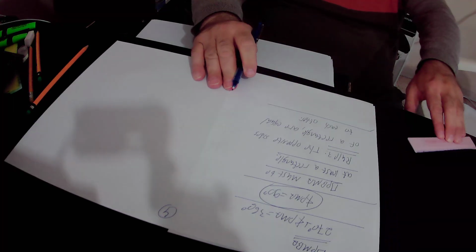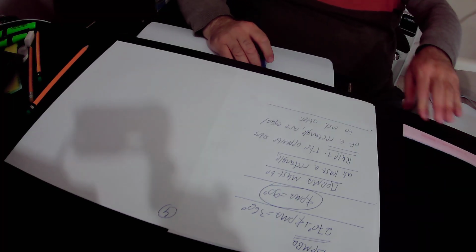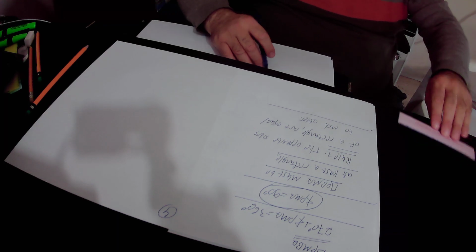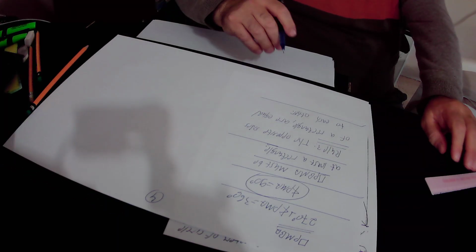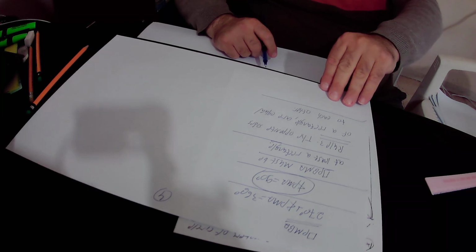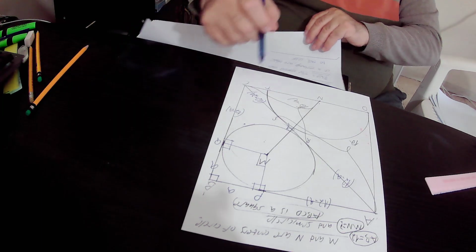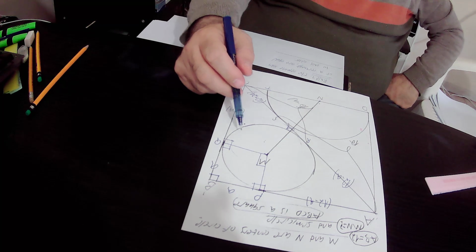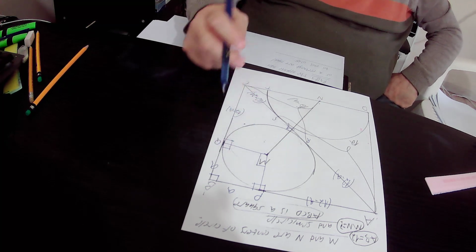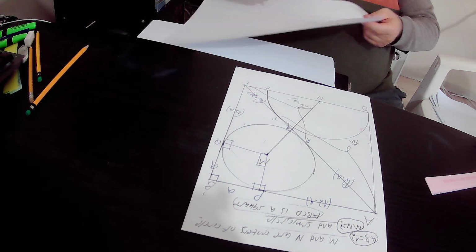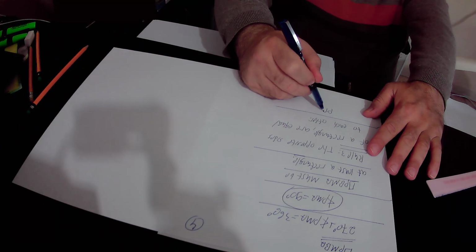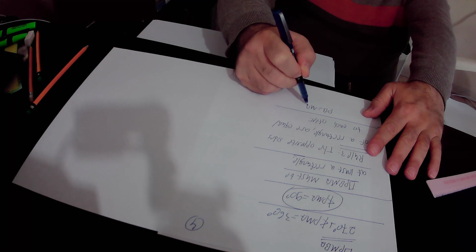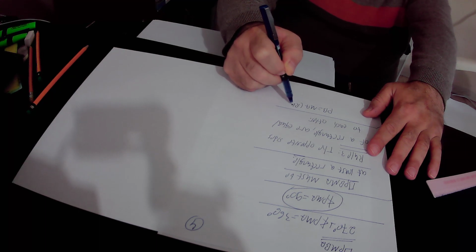I write rule number 3 again. According to rule number 3, the opposite sides of a rectangle are equal to each other. That is to say, the opposite sides of rectangle PBMQ are equal to each other. That is to say, PB is equal to MQ, according to rule number 3.